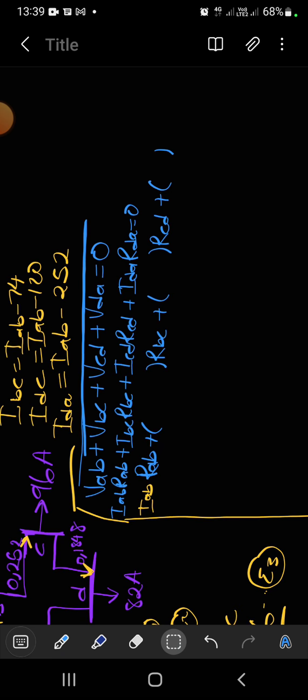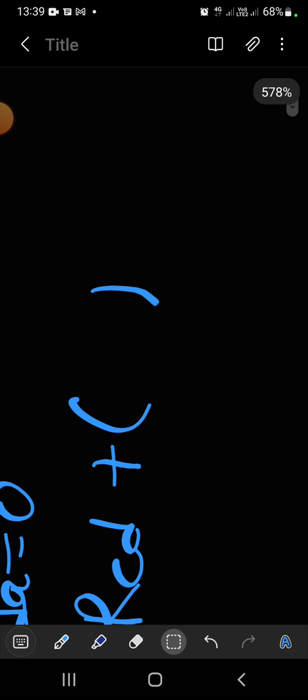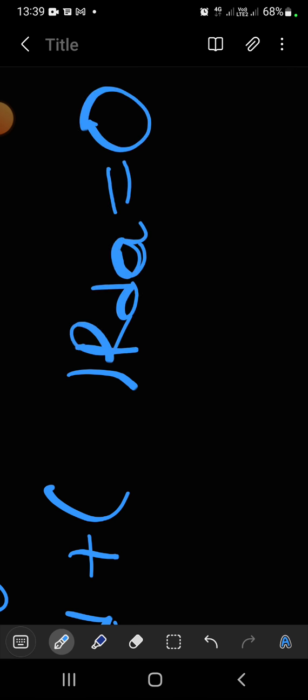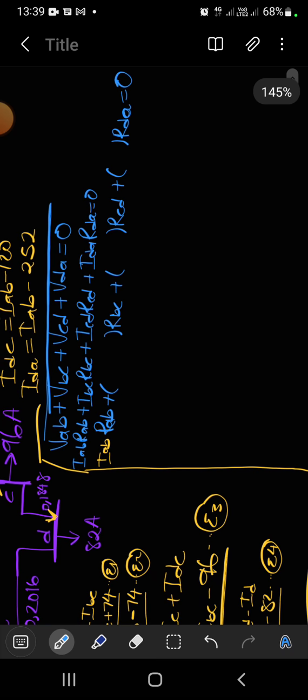We were at RCD, meaning this is now RDA, all equal to 0. We have four terms: 1, 2, 3, and 4.